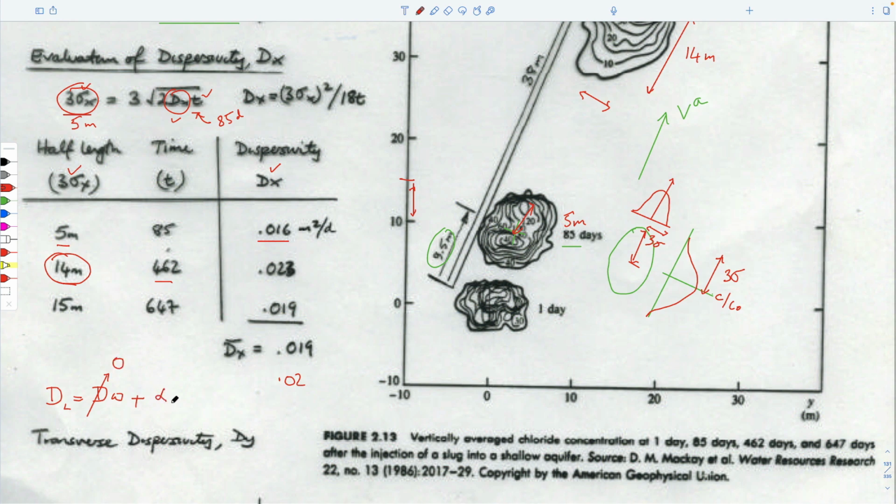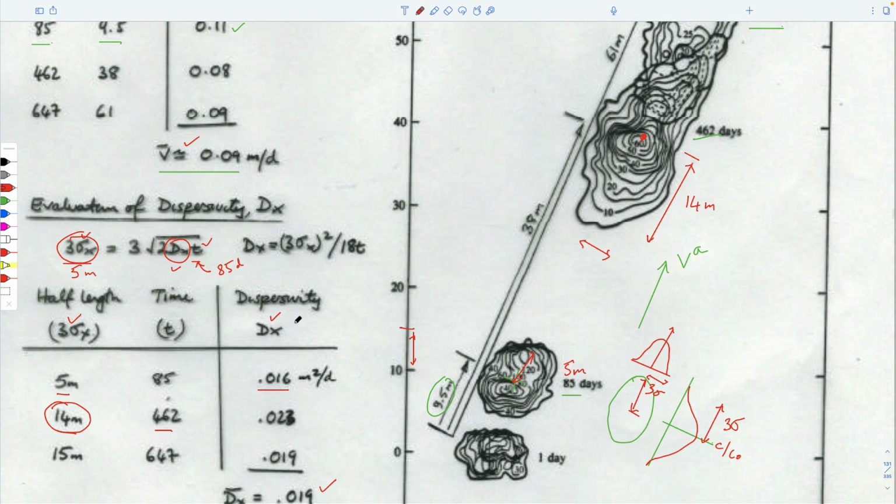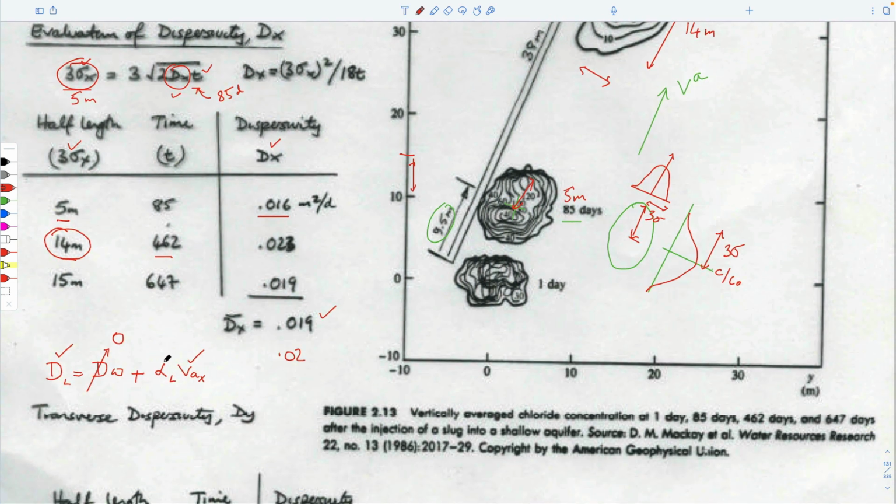This is longitudinal dispersivity times the advective velocity in the x direction. We have everything we need here. This is what we have. We also know what the advective velocity is. The average is this. And so we can calculate a value of alpha L if we wanted to.